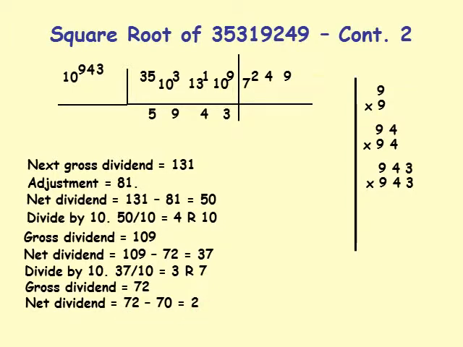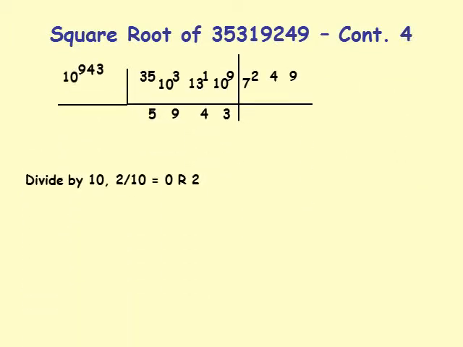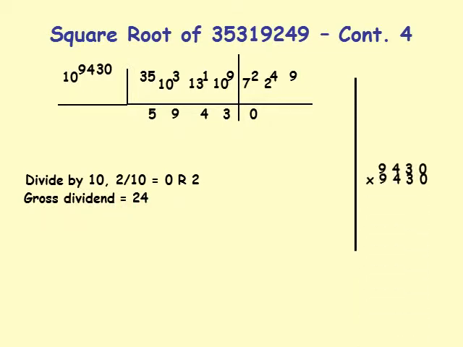Next, we'll do a 0. 2 divided by 10 is 0, remainder 2. So that's 0, remainder 2. The next gross dividend is 24. Now the adjustments.